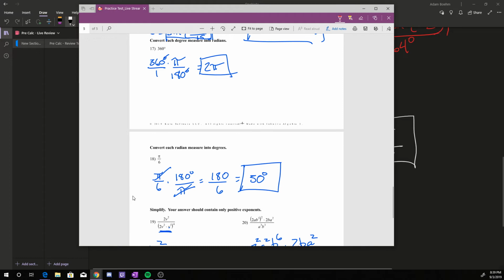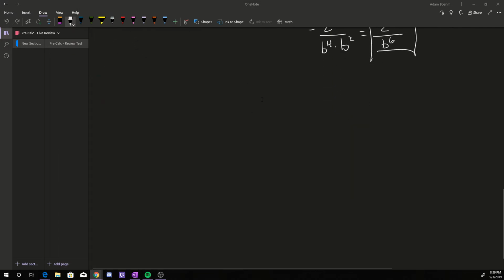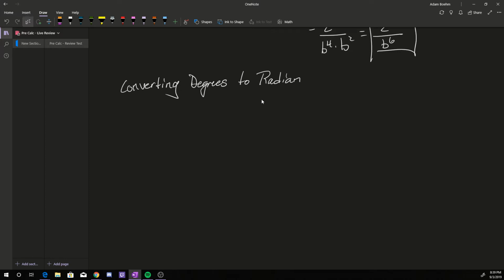So on this test, 17 and 18 are those questions. Converting from degrees to radians. I'll write it down on one note. If we want to convert from degrees to radians, there are 180 degrees in every pi radians.